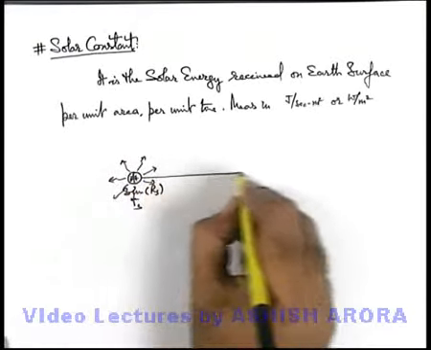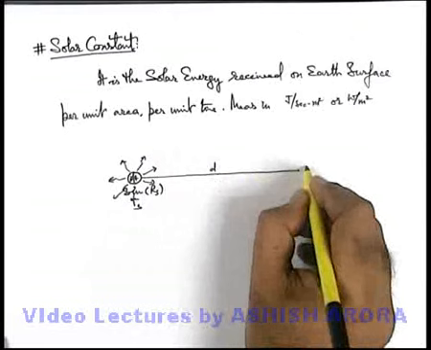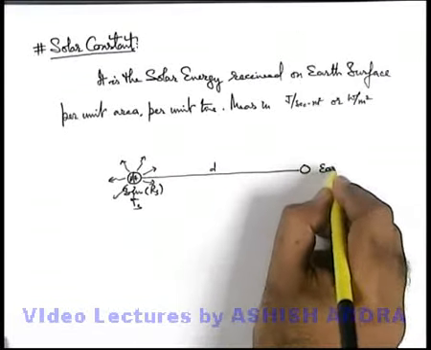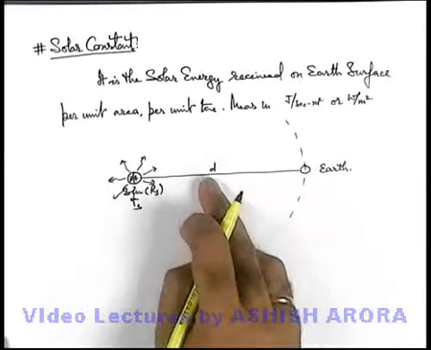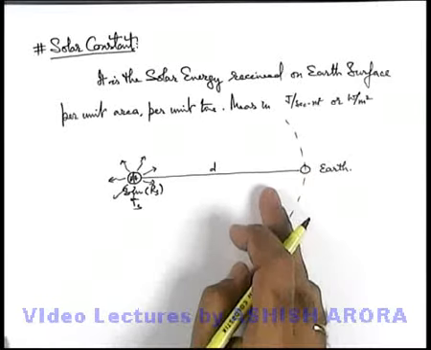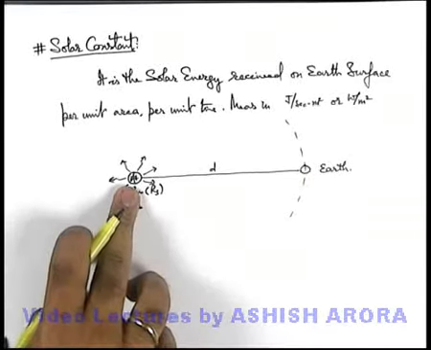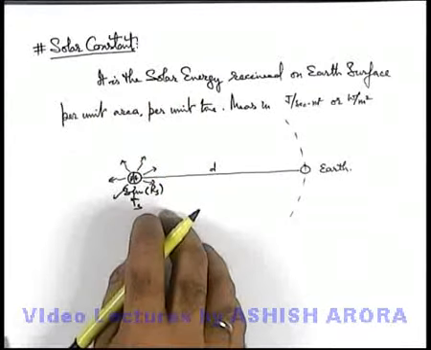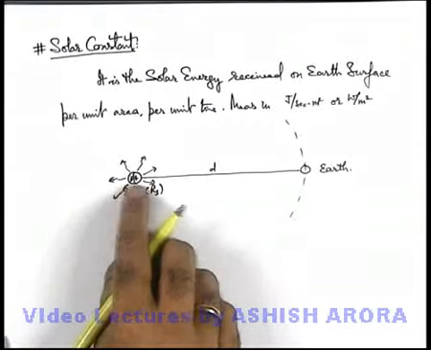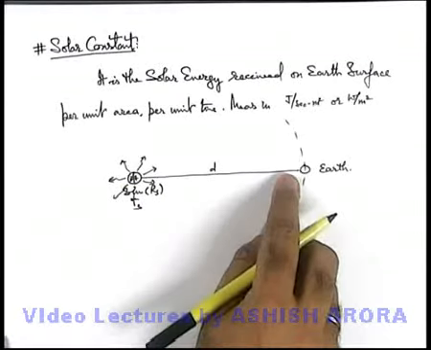And say at a distance d from the sun we have our Earth orbiting around the sun in an orbit of radius d. Now in this situation, the whole energy which the sun is emitting will be distributed uniformly in the whole space. So a small fraction of the solar energy will fall on the Earth's surface.